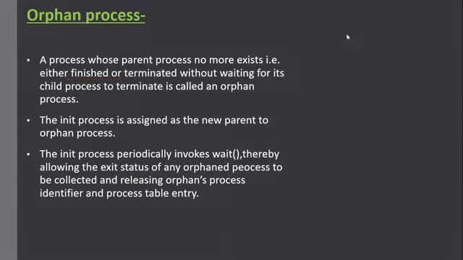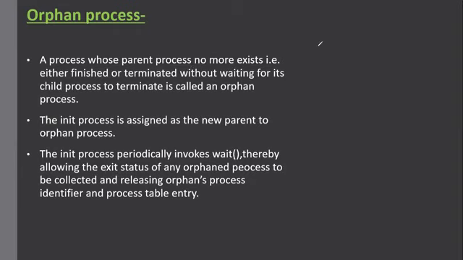So we discussed just now that the parent process removes the entry from the process table, but if the parent has terminated, then who is going to remove the entry from the process table for this orphan process? So the init process is assigned as the new parent to the orphan process, and init process is basically the root of the process hierarchy that we have.